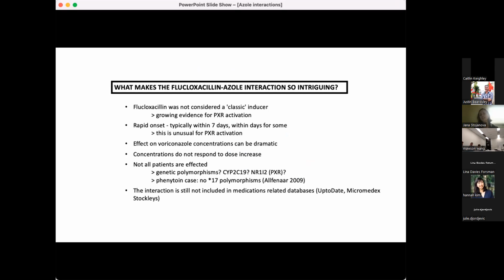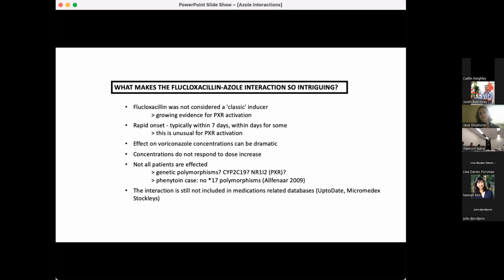Flucloxacillin was not really considered a classic inducer. And again, people still continue to debate whether it is really inducing the metabolism of these drugs. There's growing evidence for PXR activation, including some rapid onset scenarios.